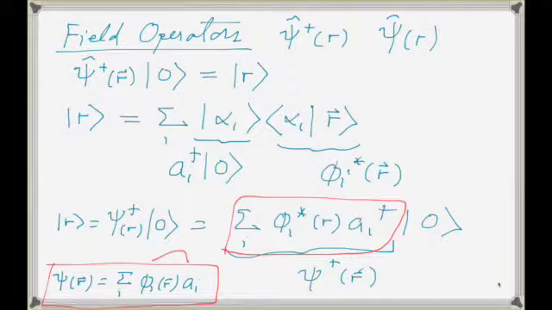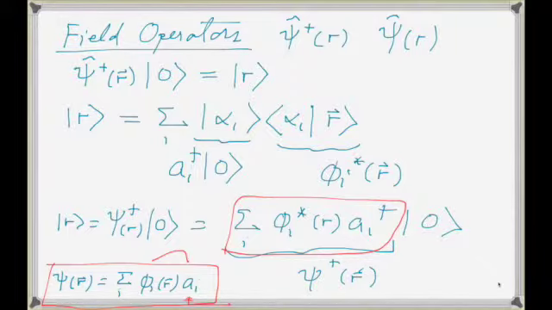So this is second quantized. In our earlier representation, phi was a state, and the operators acted on phi. Now the operators are the a_i and a_i dagger, and phi is just acting as a weight, sort of an amplitude to the operators. But these are the operators.